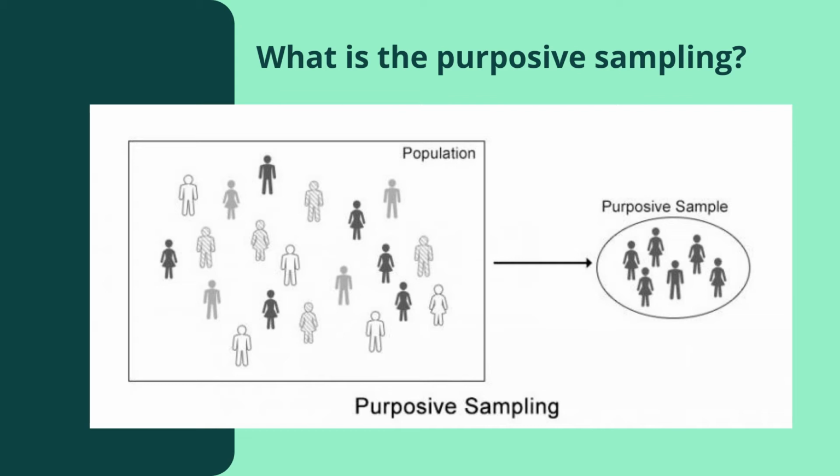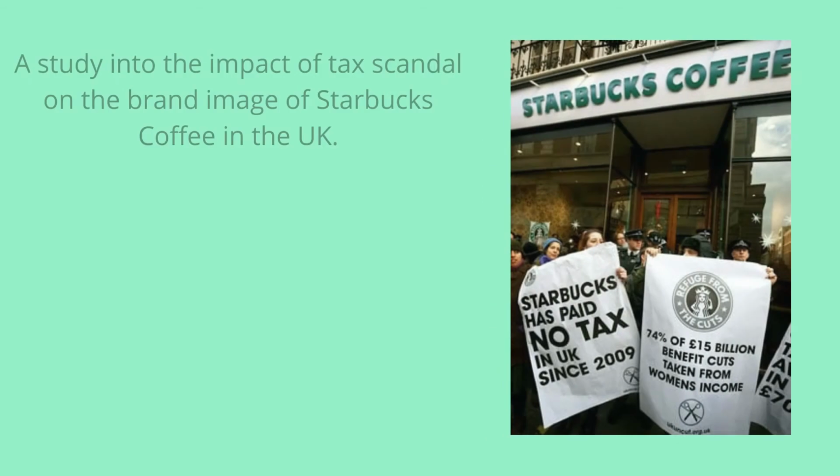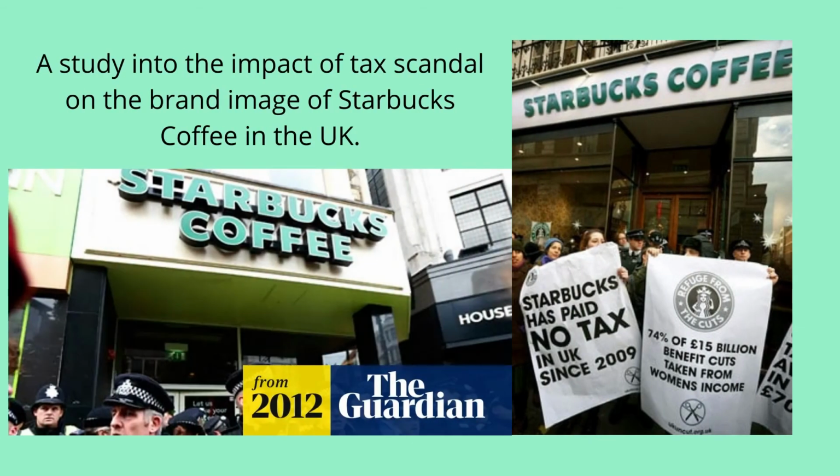Researchers often believe that they can obtain a representative sample by using sound judgment, which will result in saving time and money. So let's move to the example. Suppose your thesis topic has been approved as the following: a study into the impact of tax scandal on the brand image of Starbucks coffee in the UK.